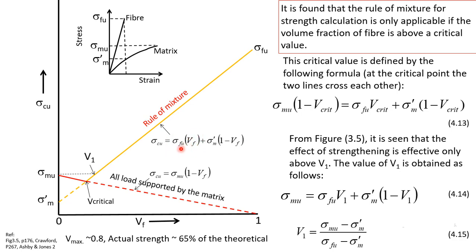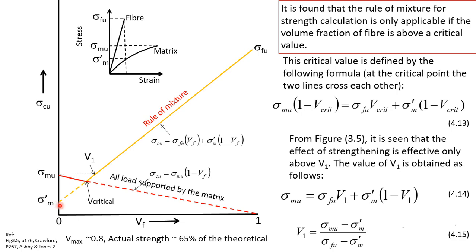Sigma fu is the ultimate tensile strength of the fiber. So this will give us this point. Now when Vf is 0, the sigma fu part will be 0, and this will be the value equal to sigma m dash.